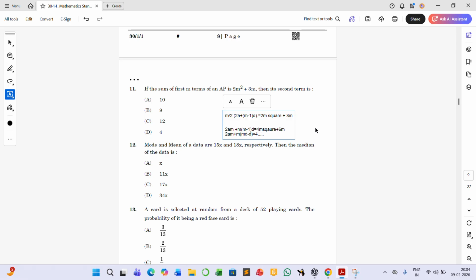Same thing. So it will become 2am plus m square d minus md equals 4m square plus 6m. Now if you can see, we have 2am, we have m square d and minus md, right?